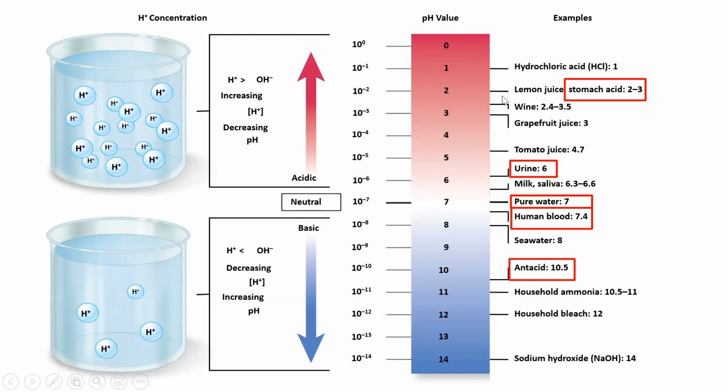For example, lemon juice and stomach acid are between 2 and 3. Your urine is 6. Human blood is slightly above neutral at 7.4, and bases are at 10.5. As you go further away from 7 in either direction, the substances become more caustic, meaning they can cause more damage to organisms.